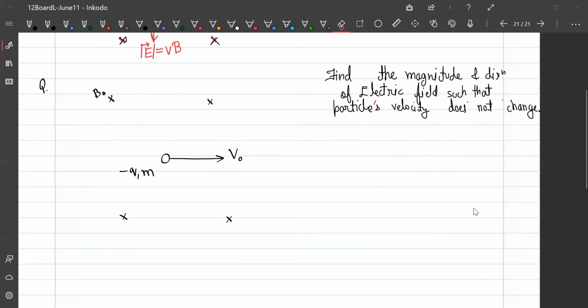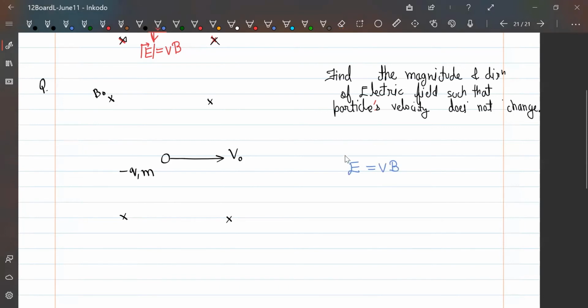Direction will be upwards and magnitude will be same. What will be the direction? Upwards.